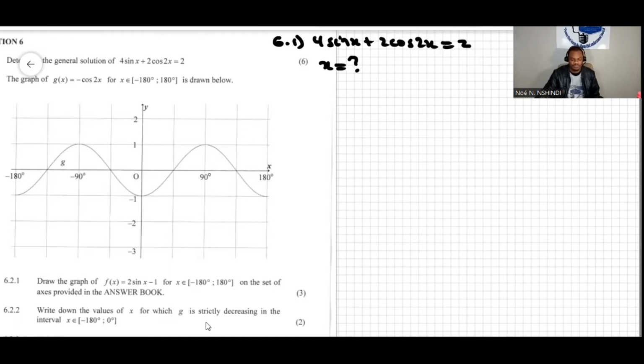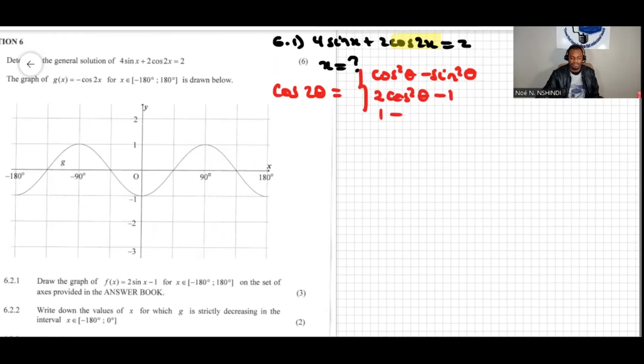what can we do? We notice that we already have cos 2x there. So we know this property of a double angle: cos 2θ is equal to cos squared θ minus sine squared θ. It is also 2 cos squared θ minus 1.